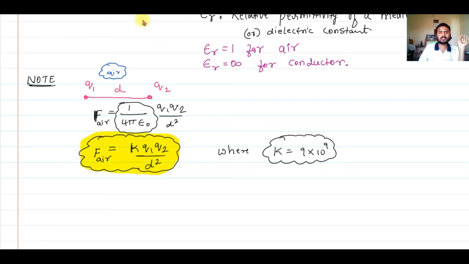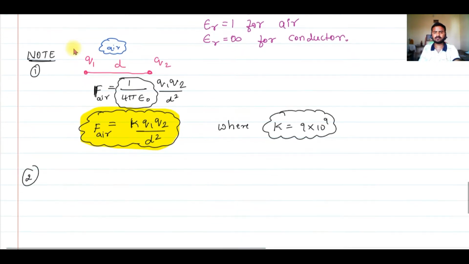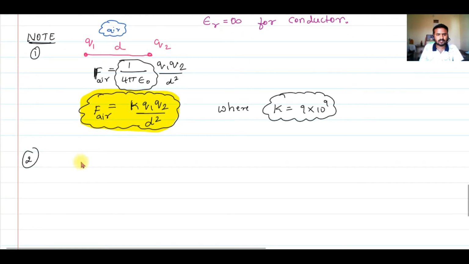Alright, now if I keep the same two charges in some other medium, I'm going to keep these two charges. So I have this charge q1 and charge q2 separated by the same distance.